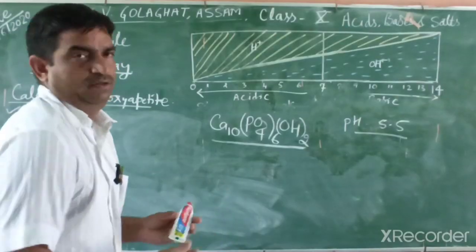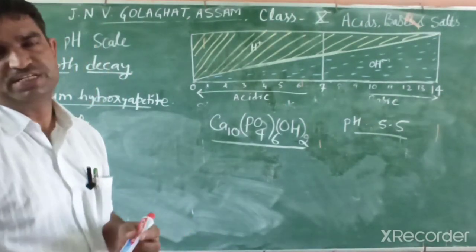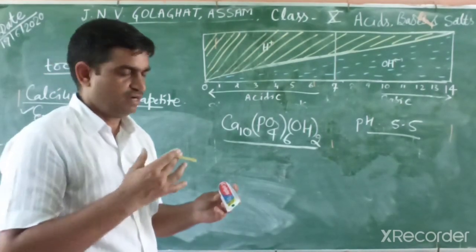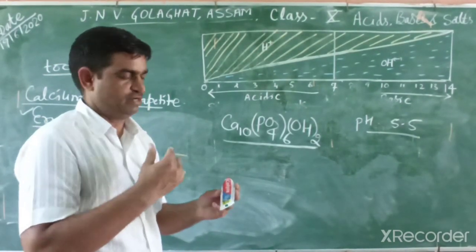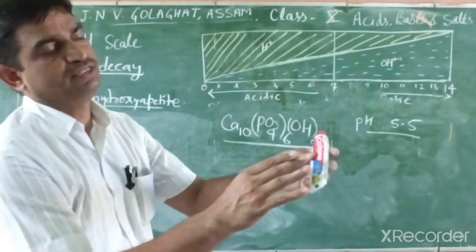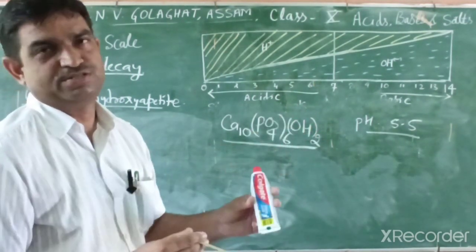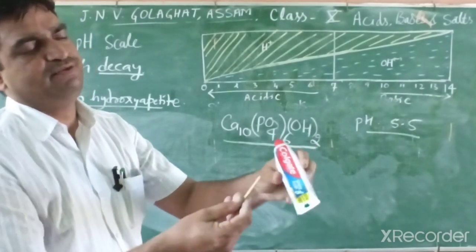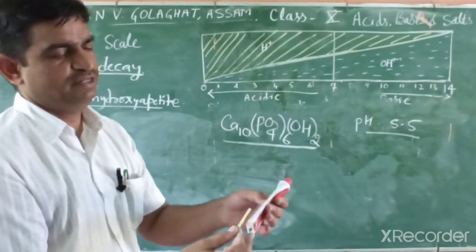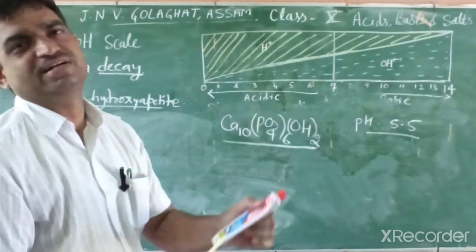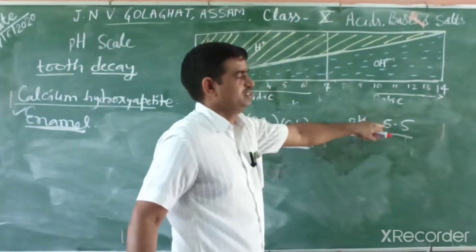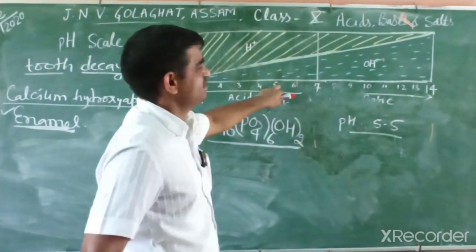We should protect our teeth from damage caused by acid formation between our teeth in our mouths. So we should use Colgate or toothpaste. Why do we use this type of toothpaste? Because its nature is a mild base, and the pH between our teeth is 5.5, which is slightly acidic.